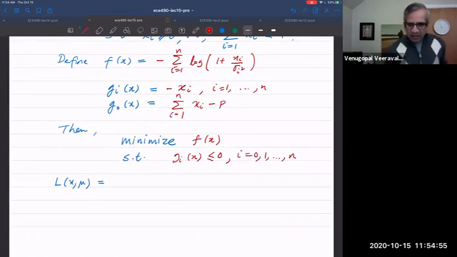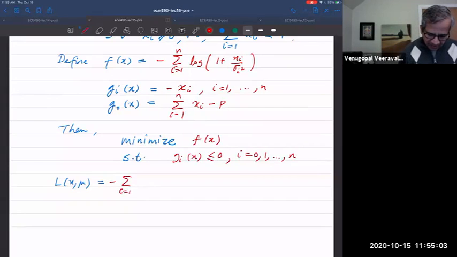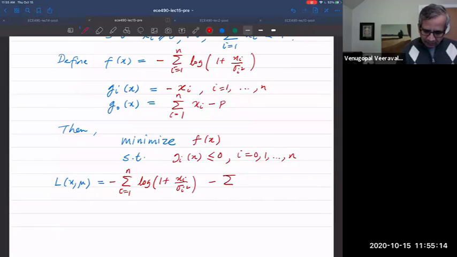Okay, so now let's look at the Lagrangian for this. The Lagrangian is the negative of the sum of logs, plus the mu i's associated with these n constraints.